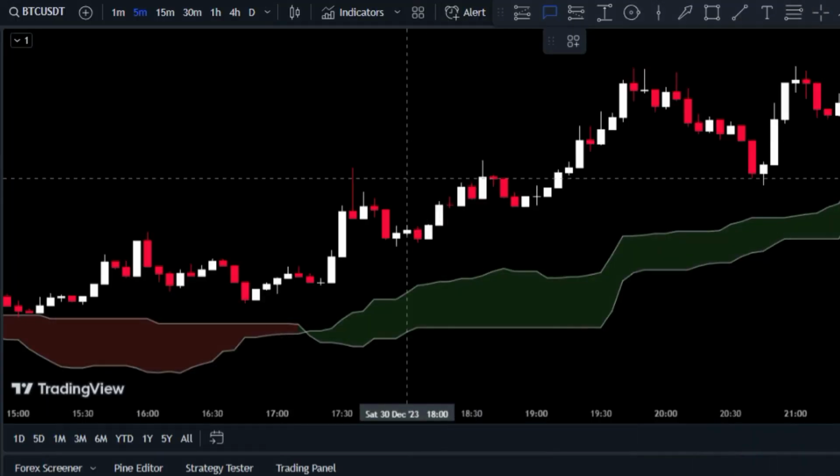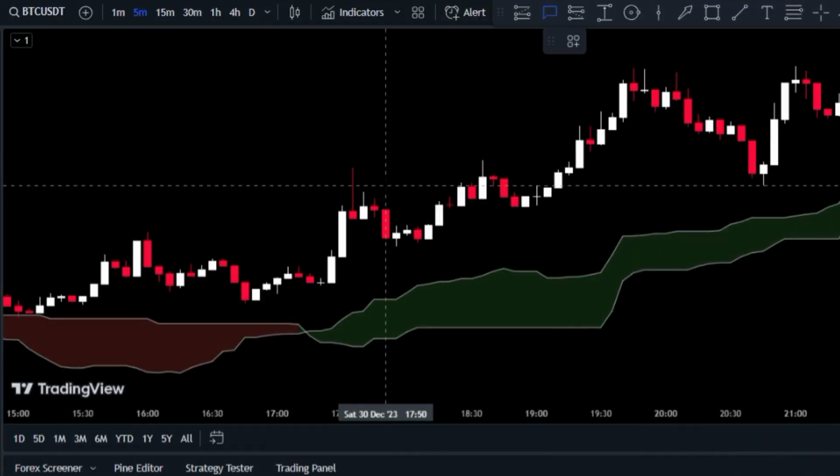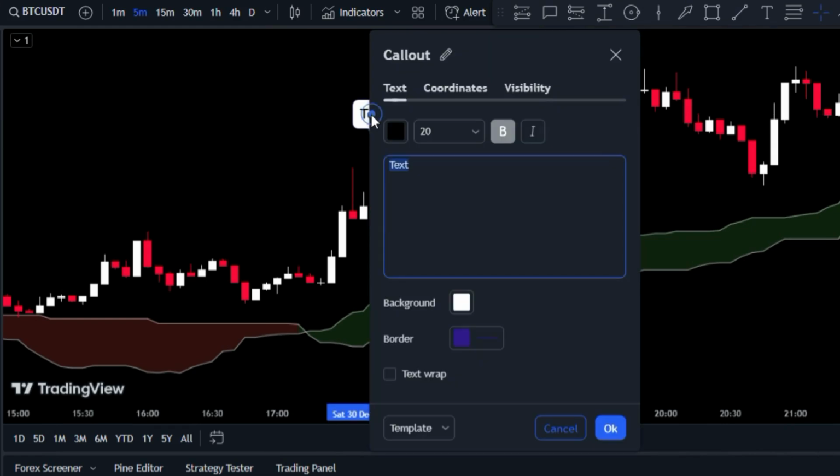The first step with the indicator is to identify the trend based on the position of the candles relative to the Ichimoku Cloud. So we consider the trend to be upward and have bullish momentum if the candles are positioned above the Ichimoku Cloud, regardless of the cloud's color.